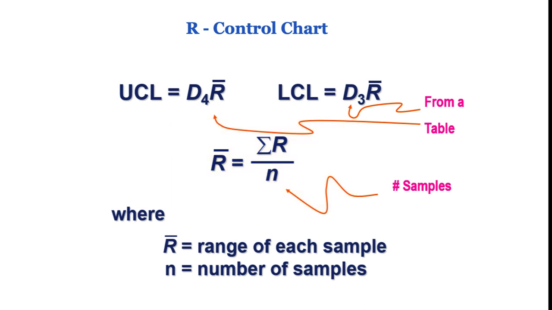To compute our upper control limit, we multiply another factor, D4, by R bar, and to compute our lower control limit, we multiply D3 by R bar. So the terminology primer contains the values of D3 and D4 for different sample sizes.